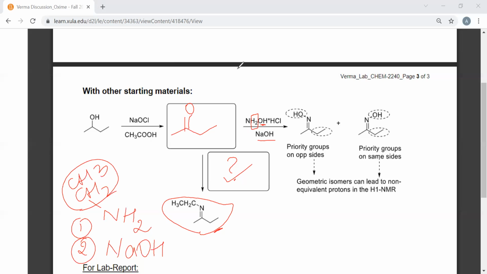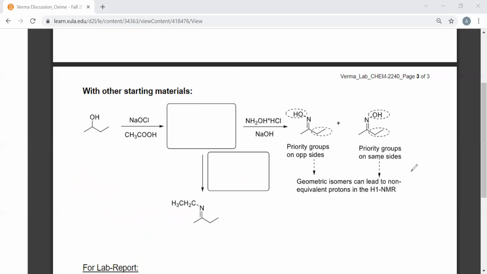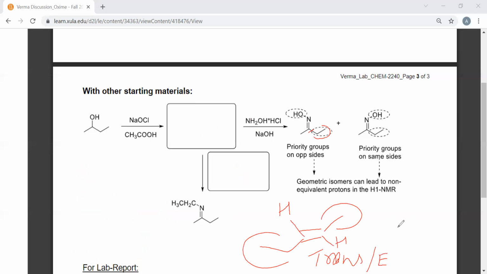Oximes also have geometrical isomerism. If the bulky groups are on the opposite side, we usually call them what? Trans, or E, if the priority groups are not exactly the same.